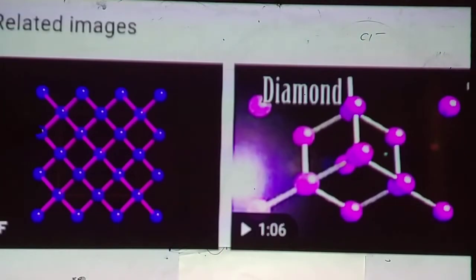This one is diamond. This one is a simple cubic lattice. 8 spheres are only lying at the corners of the cube.